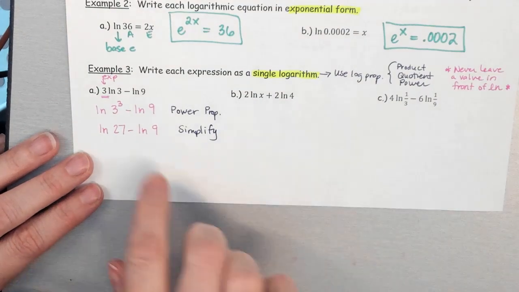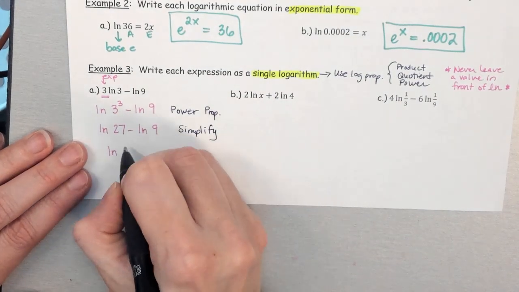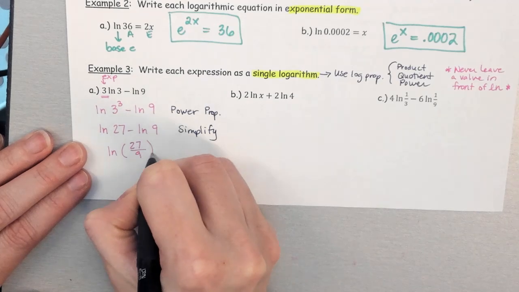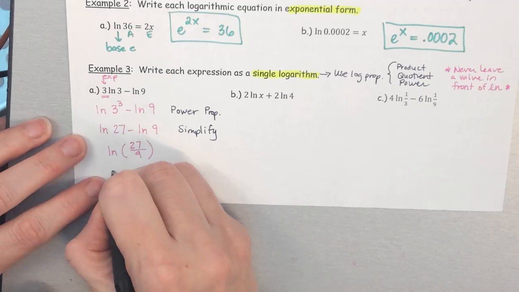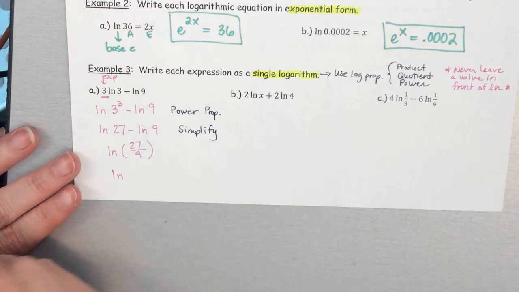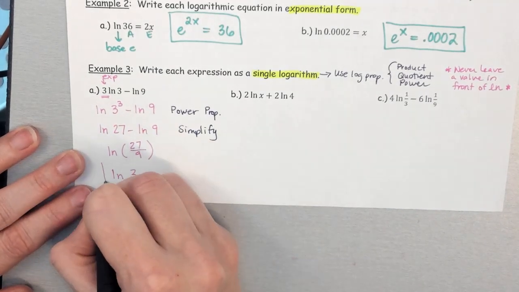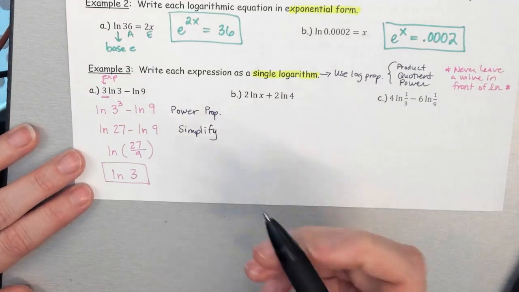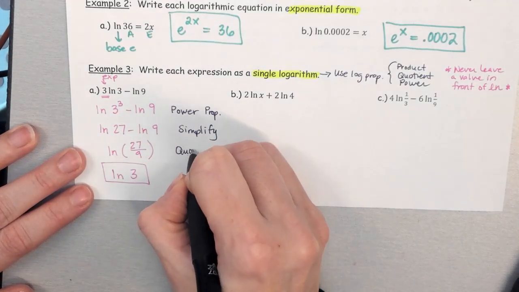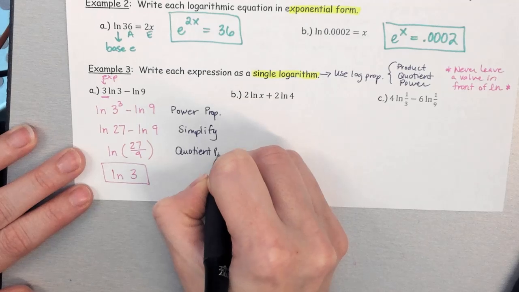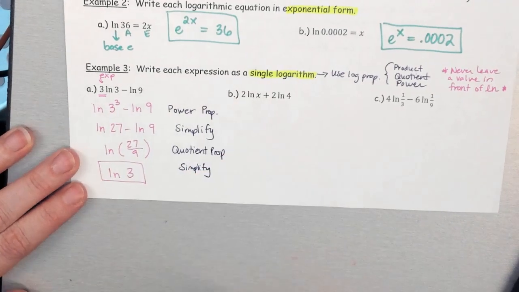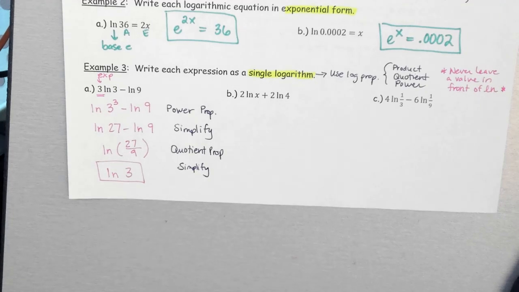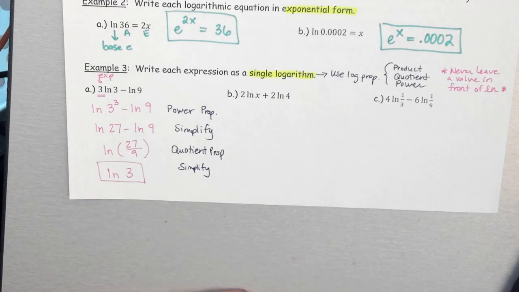Okay, and then because we have the minus, that's going to be your quotient property. So we can divide 27 by 9. Okay, and that actually does simplify to 3. So this will be your final answer. Okay, so we use the quotient property and then simplify. All right, so based on that, I want you guys to do part B.